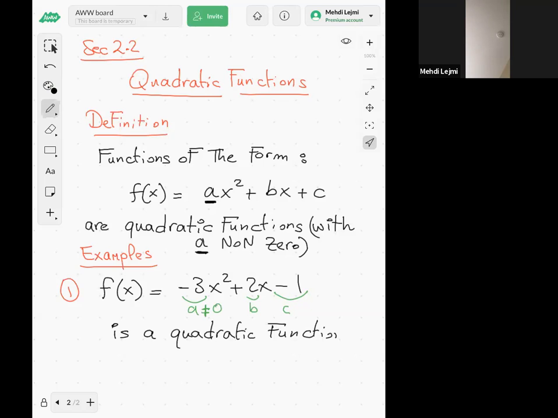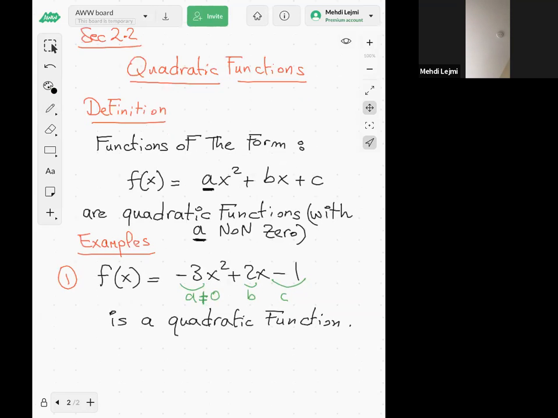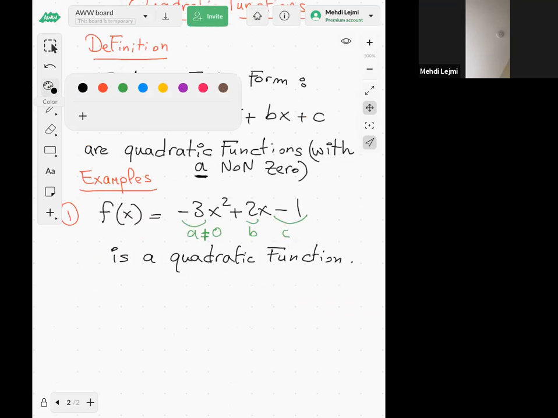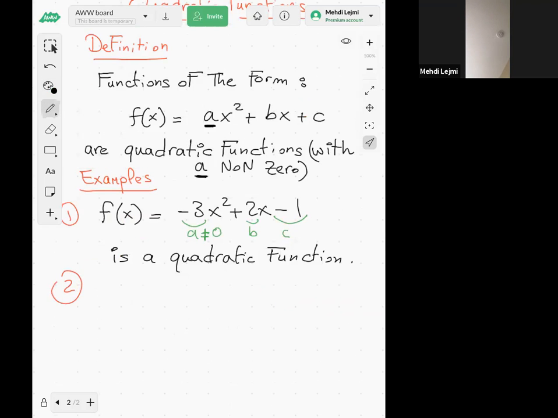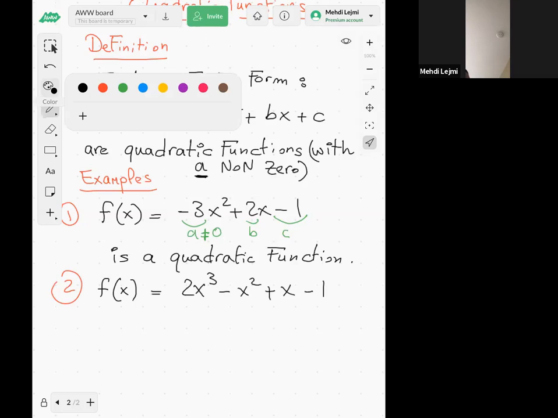Now, if you take, for example, let's say your f of x is 2x cubed minus x squared plus x minus 1, then this is not a quadratic function, right? Because the largest power of x here is 3. You see, this is a cube.